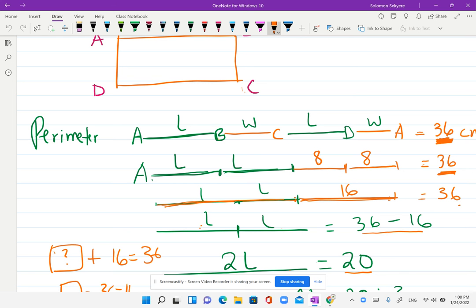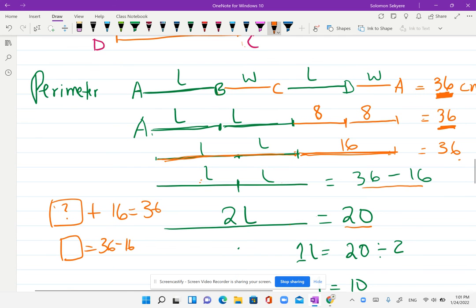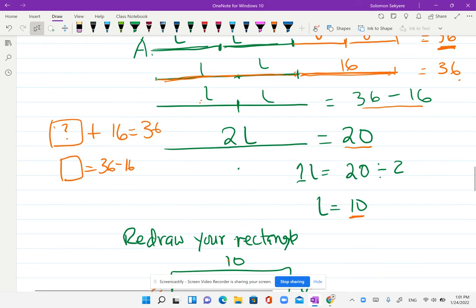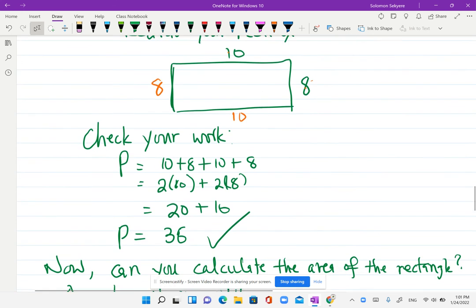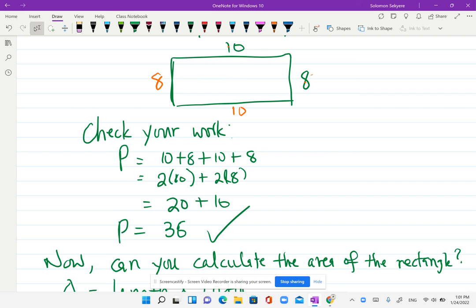Everything adds up to that. You already know the width, and together it's 16. So everything else is 36 minus 16, which is 2 of the lengths. So each length is 10. You come back and redraw your rectangle and check your work. That's what you do.